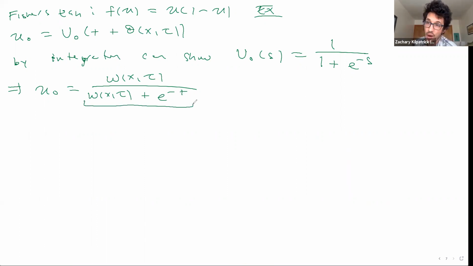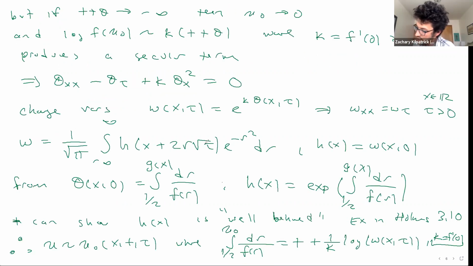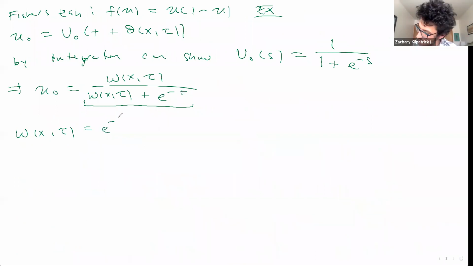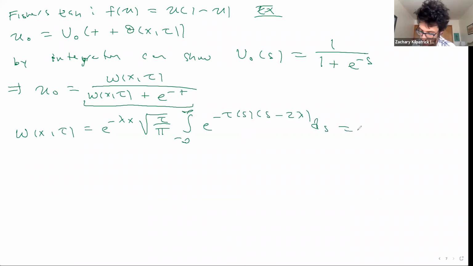We just need to figure out what w is based on the formulas that we derived. Remember that w of x, tau is going to be equal to this integral expression here that we got just by solving the heat equation and applying this initial condition. So in this case, w of x, tau is equal to e to the minus lambda x times the square root of tau over pi, integral from minus infinity to infinity, e to the minus tau times s minus 2 lambda ds.